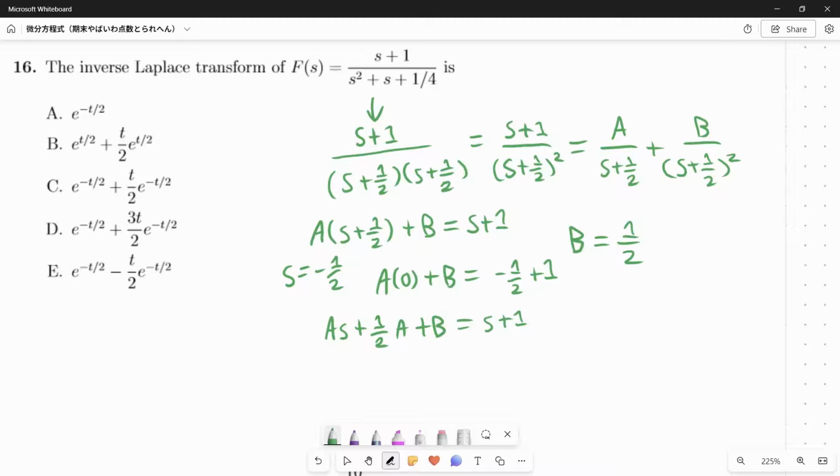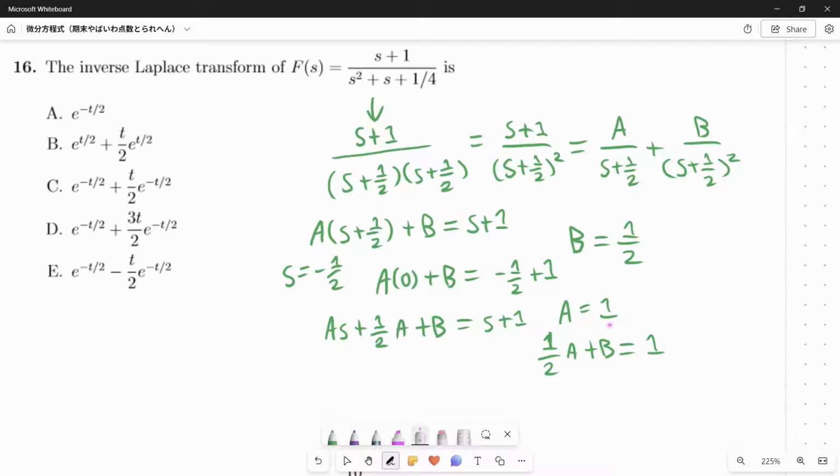So we can say that A would be equal to just 1, because it's a 1 times s. And then another case of like terms: we have 1/2 A and B, and this 1. So we can say that 1/2 A plus B is going to be equal to 1 as well, and then solve for things. But going off here, we were able to find right away that A is equal to 1.